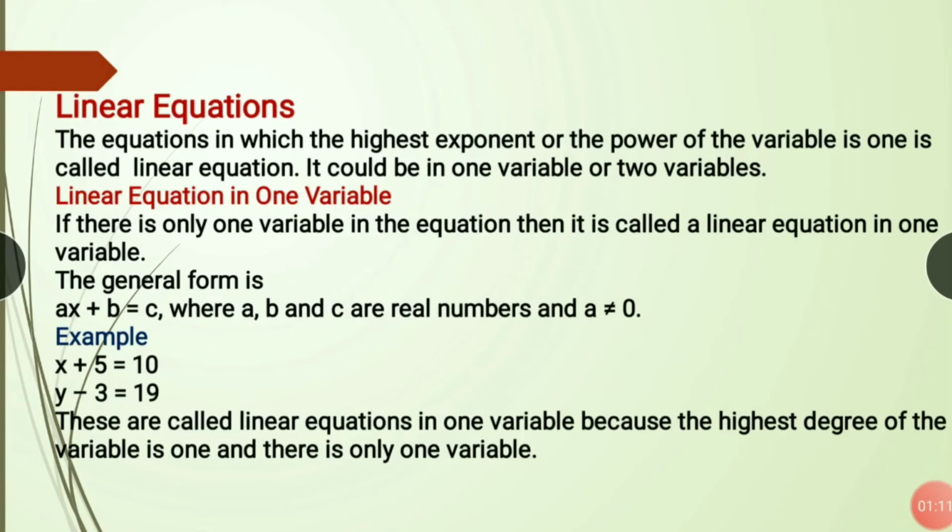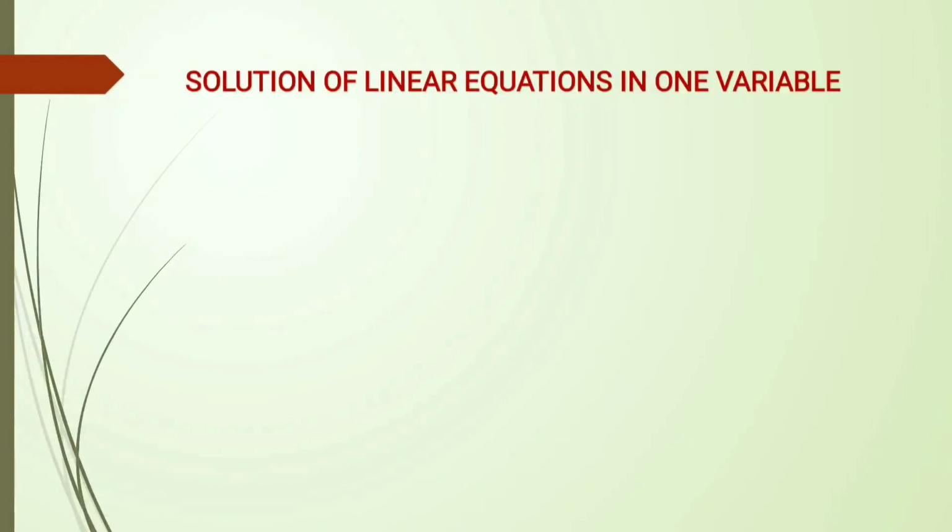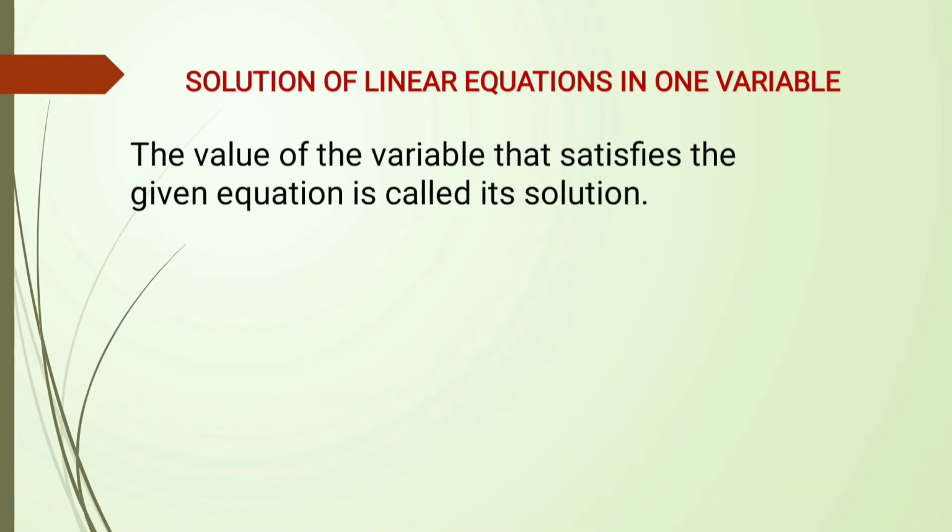Now let's know solution of linear equations in one variable. We know that the value of the variable that satisfies the given equation is called its solution. Students, we know that the value of the variable that satisfies the equation is called its solution.